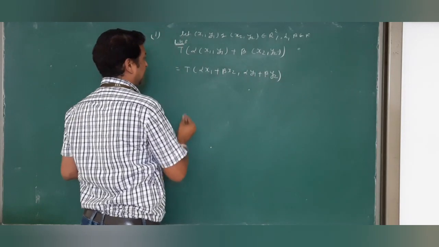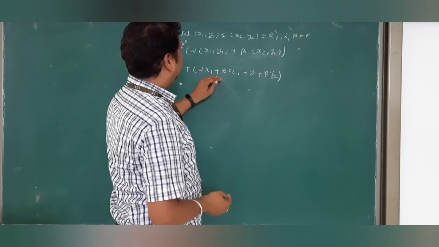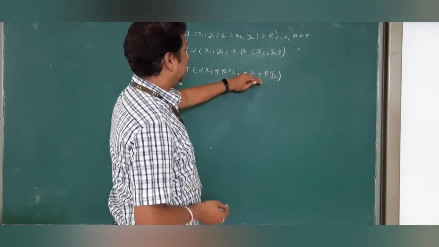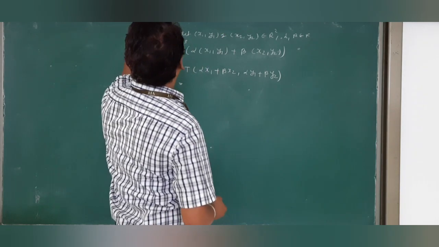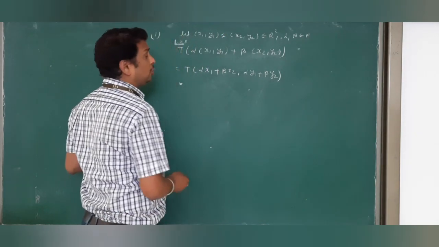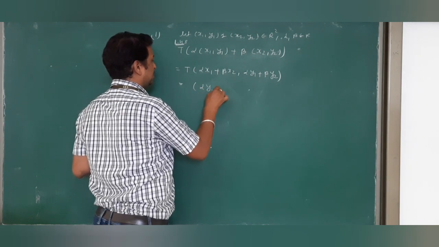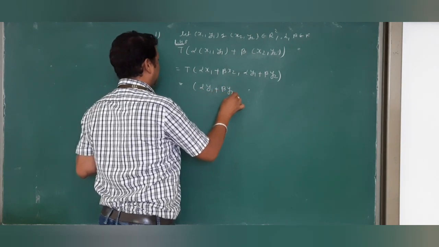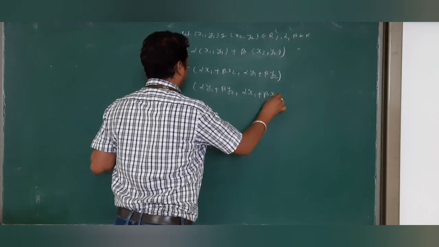Componentwise addition and scalar multiplication. Now T of the first element and second element, T of (x, y). What is the image given? T of (x, y) is equal to (y, x), so it is equal to (alpha y1 plus beta y2, alpha x1 plus beta x2).